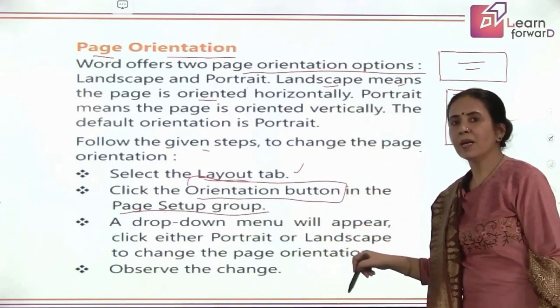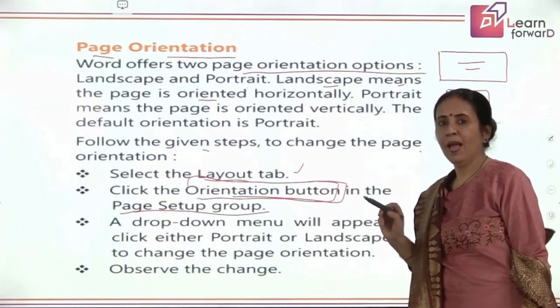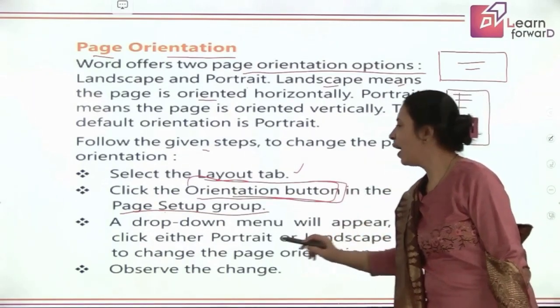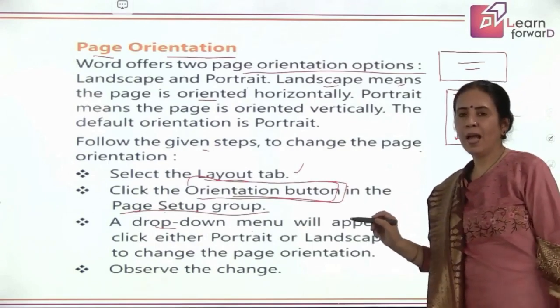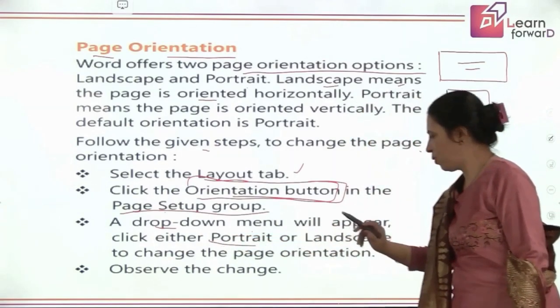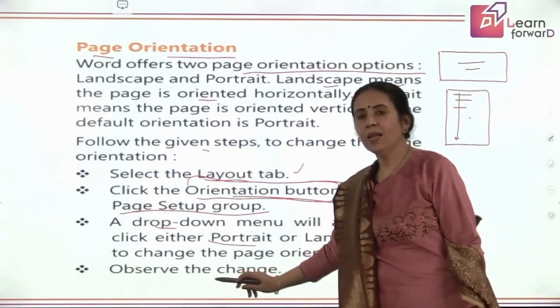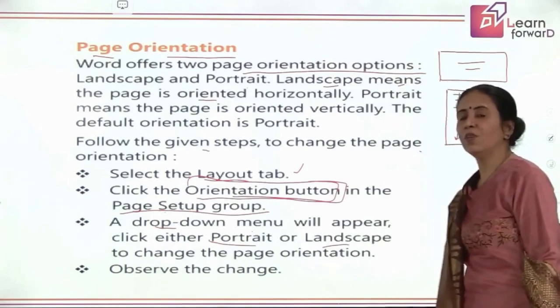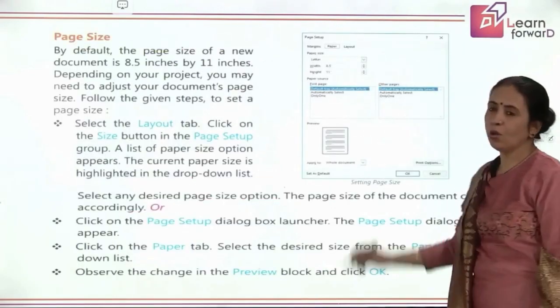In the page setup group, you are going to the orientation button. And then we find a drop down menu which will appear, and just choose whether you want to go for the portrait or landscape. And accordingly, you can observe the change in the presentation of your document.